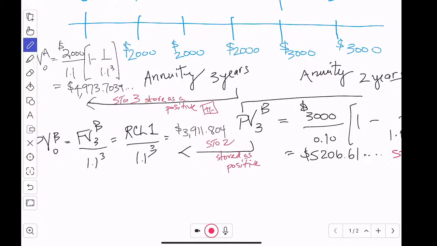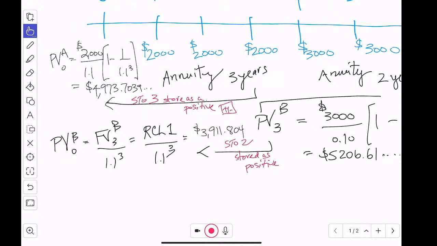And then the part A will be 3 periods. So everybody's okay so far? You got all these numbers?